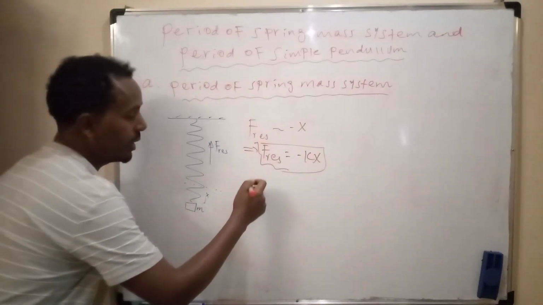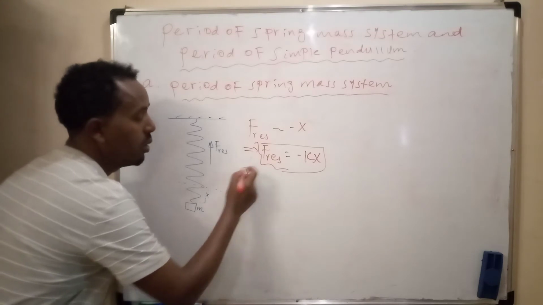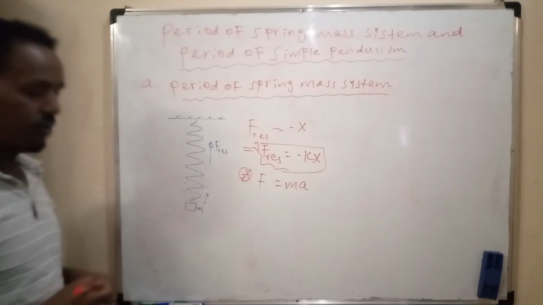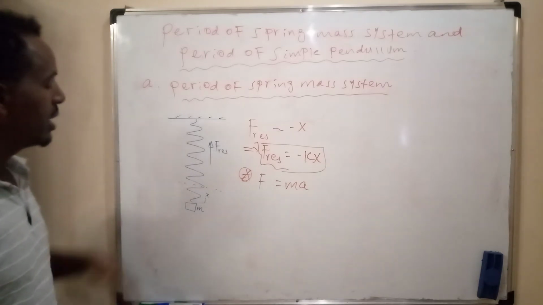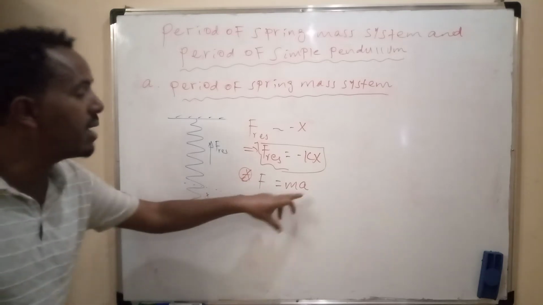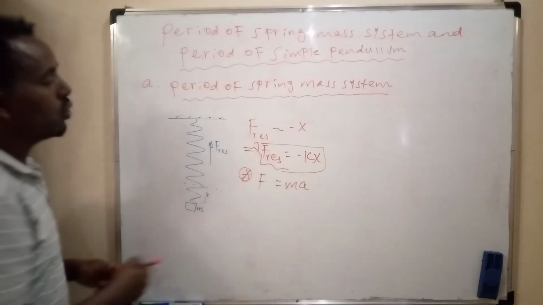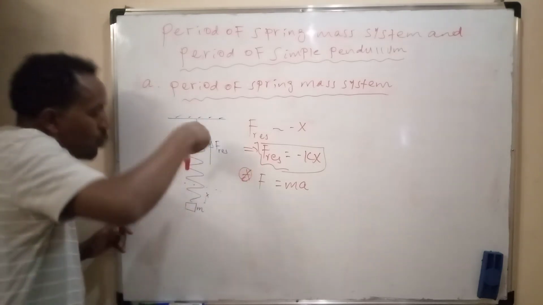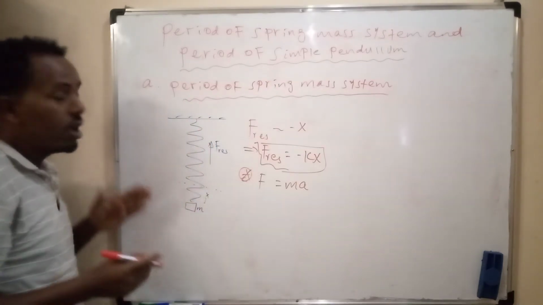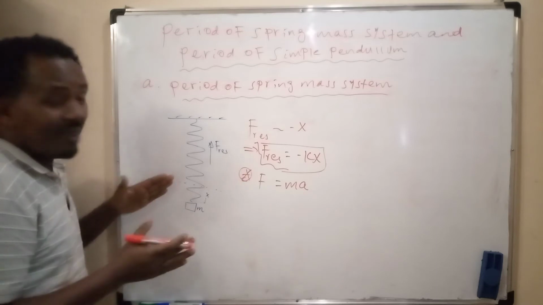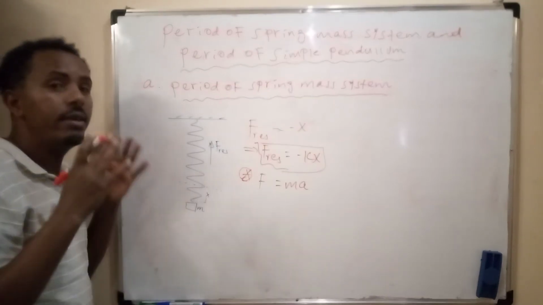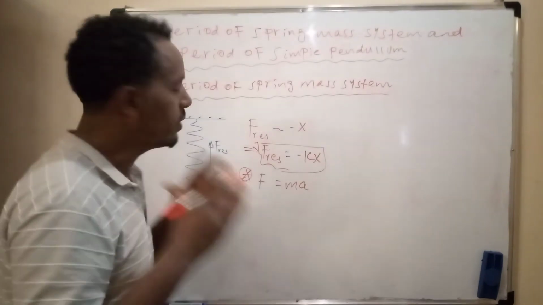Another, from Newton's second law, force is equal to mass times acceleration. This is the weight of the mass. The weight is downward and the restoring force is upward. Since they act in the opposite direction, the two forces are equal in magnitude and opposite in direction.